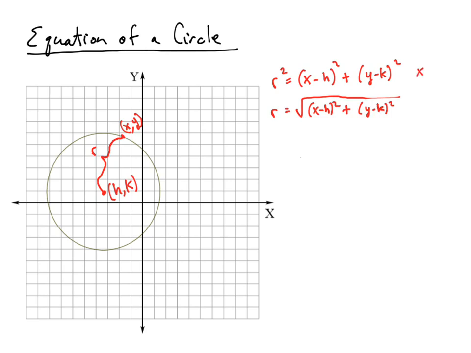So either of these equations is appropriate. In practice, we usually use this first one more often. So r is the radius, and this is for a circle centered at h, k. So that's the center of the circle.